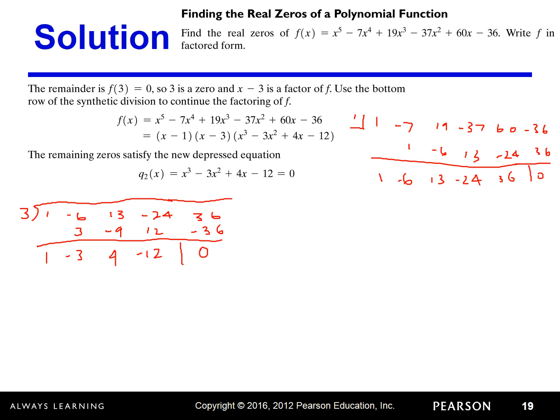Run it again with 3. We'll just use the numbers that we got. Bring down the first thing. Multiply and add. And so 3 is a 0 of odd multiplicity.